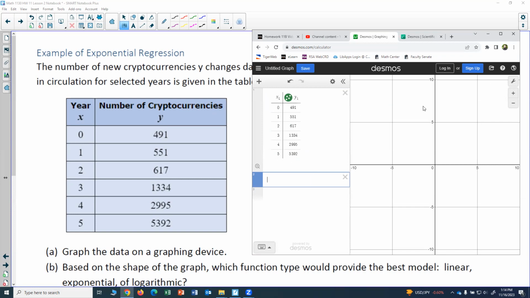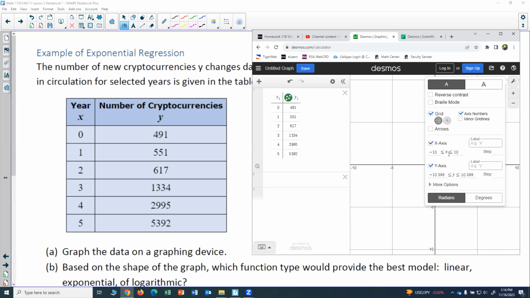So what I want to do is get the scatter plot. So I have to go up to this wrench in the upper right corner, and I'm going to adjust the window. Now notice on the table, my lowest X value is 0 and my highest X value is 5. So for my window, for X, I might go from 0 to 6.